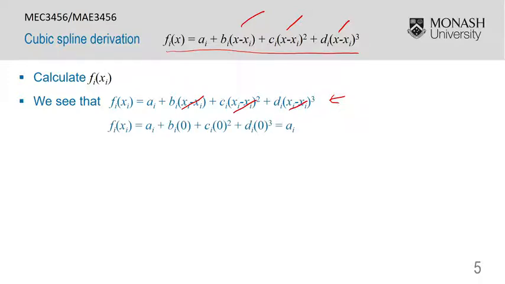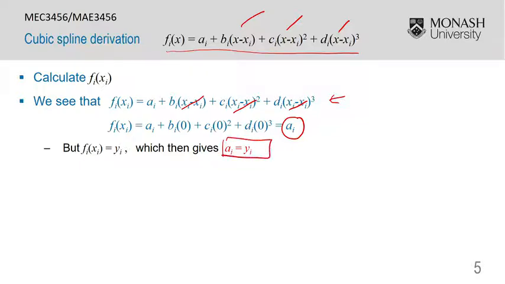So that gives us that fi of xi is equal to ai. But we know that fi of xi is just equal to the function value, yi. This then gives us that the unknown coefficients ai are just equal to the function values that we've been given. So that's pretty easy, and indeed it's one of the reasons that we wrote our cubic like this expression here.